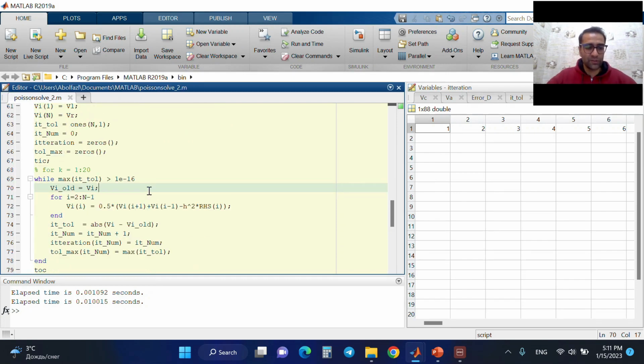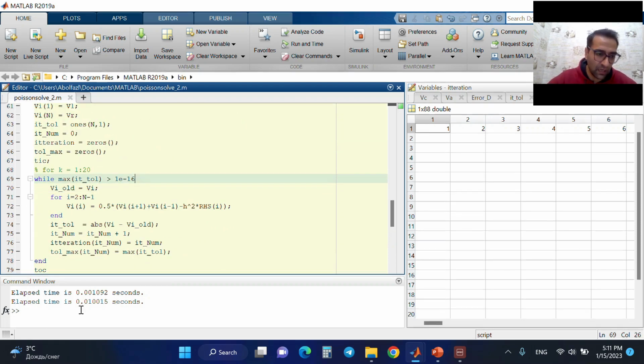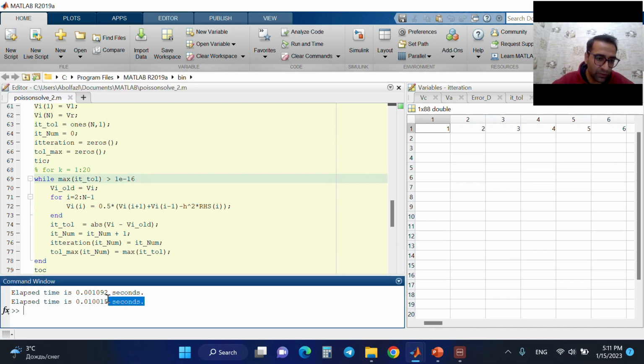Okay, what I want to show you, let's decrease it slightly to be fast, because if you look at the time of calculation, you see the time of calculation for the direct method is this value, and for the iterative method is this value, and you see that the iterative method is about 10 times slower than the direct calculation.